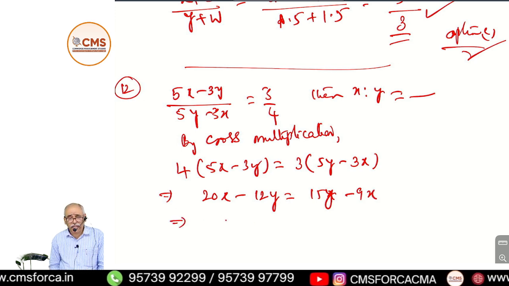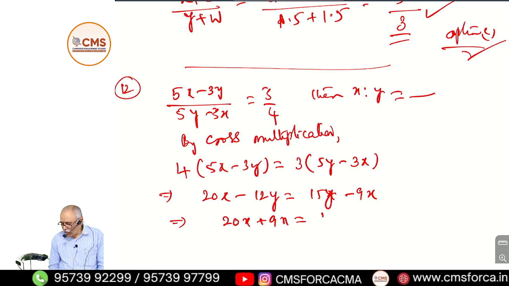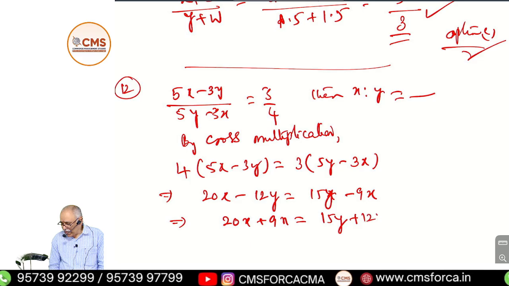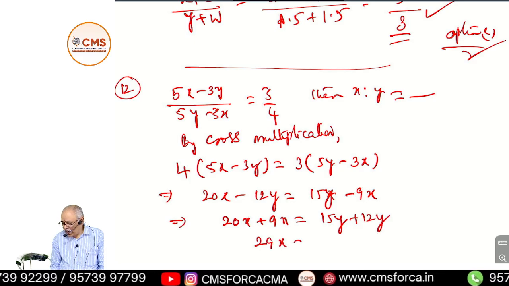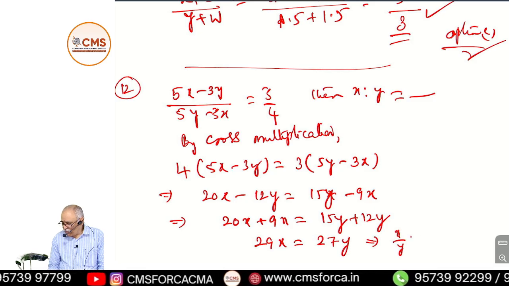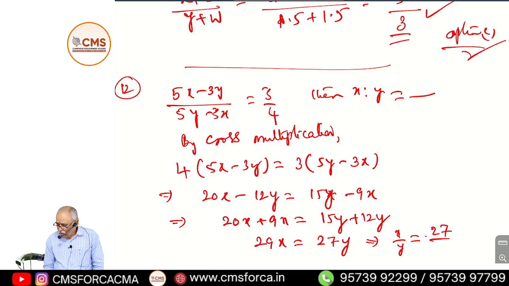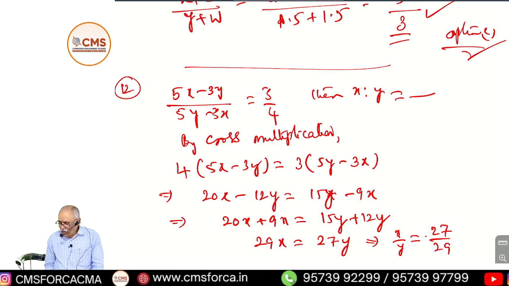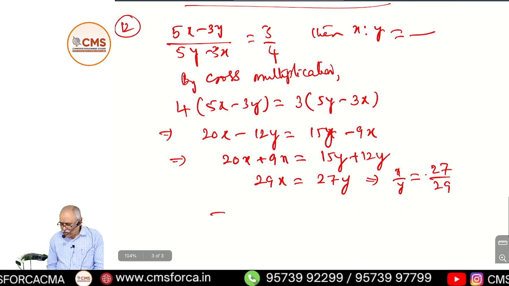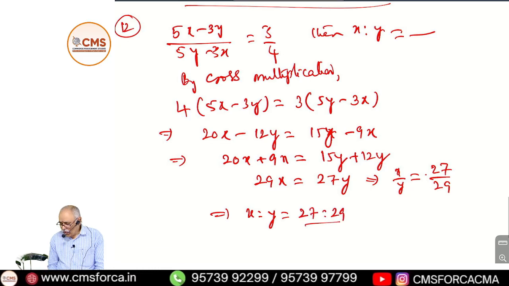Write the x terms on the left hand side. 20x plus 9x is equal to 15y plus 12y. 29x is equal to 27y. So x by y is equal to 27 by 29, that is x is to y is equal to 27 is to 29.